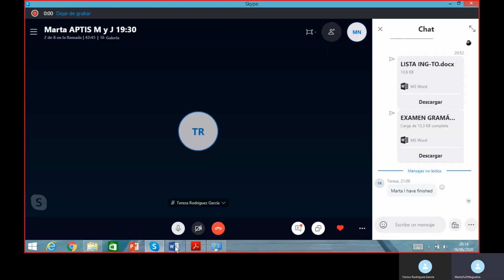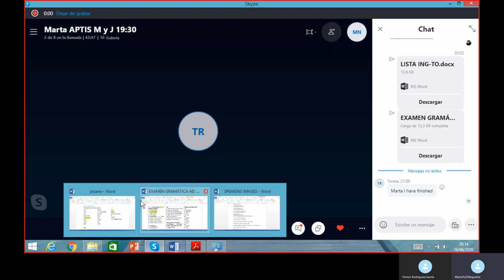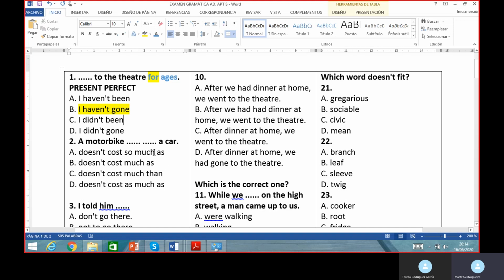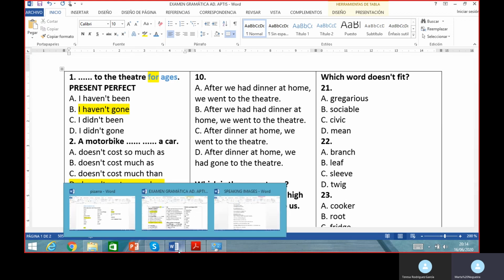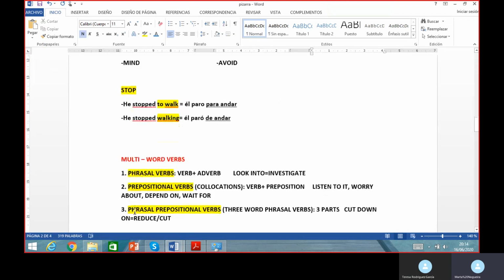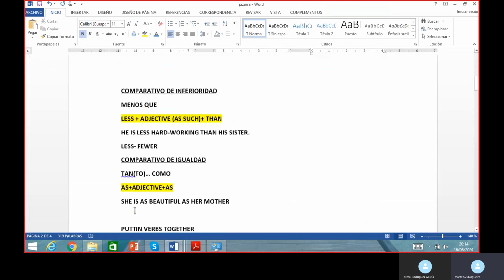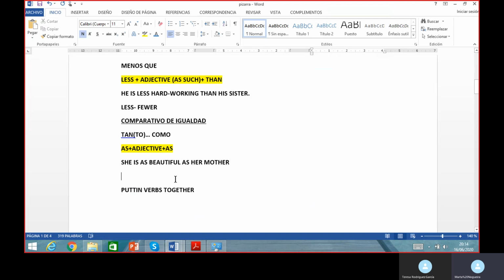Okay, everything is all right. Second: a motorbike doesn't cost as much as a car. We saw this briefly when we saw the comparatives and superlatives, but in any case, I think I have this in here.